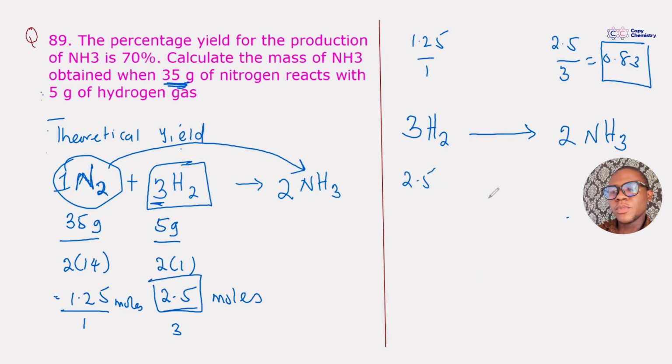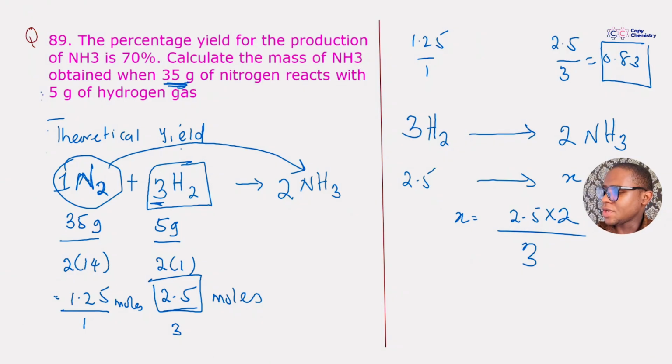So 2.5 moles will just produce X, and X will be 2.5 multiplied by the 2 across divided by the 3 at the back. When you do all that, you should have 1.667. This is the number of moles of ammonia that is formed. All right, that's the number of moles of ammonia that should be formed, like theoretically.